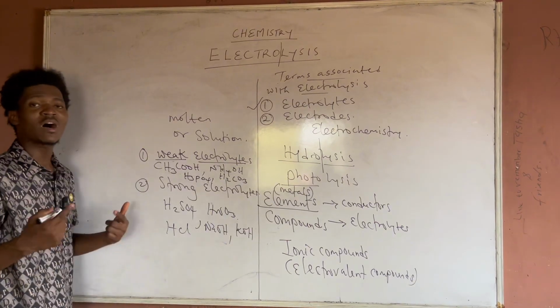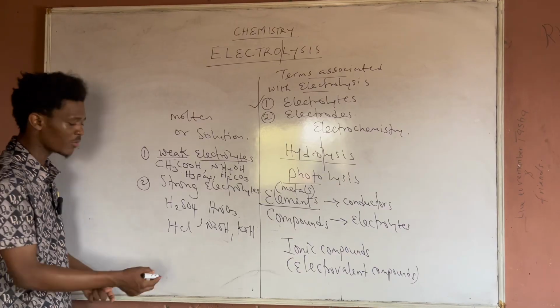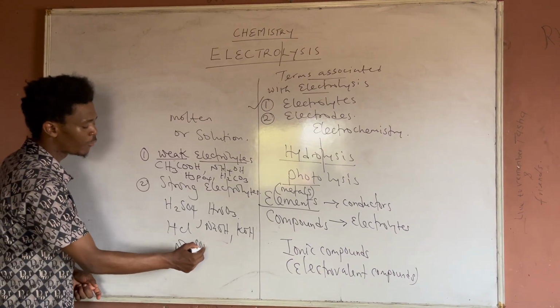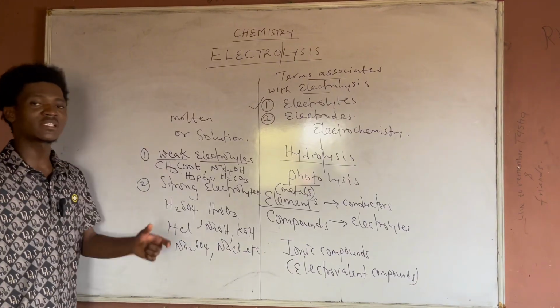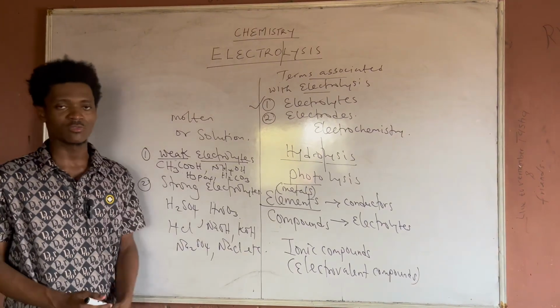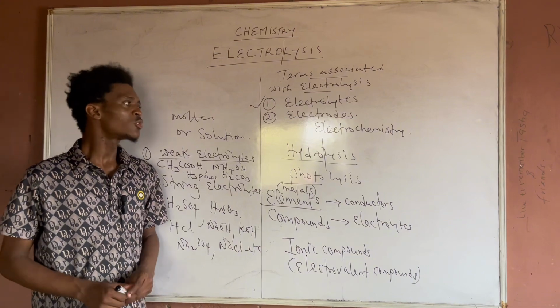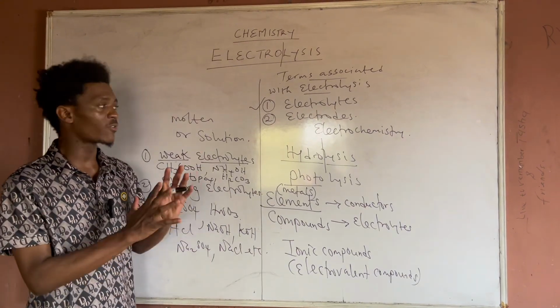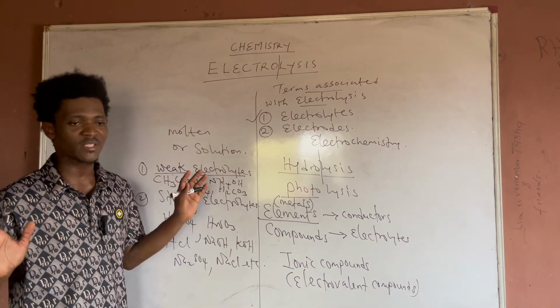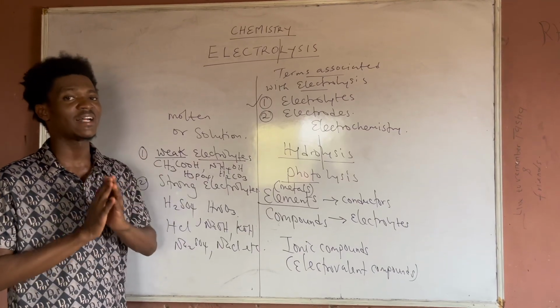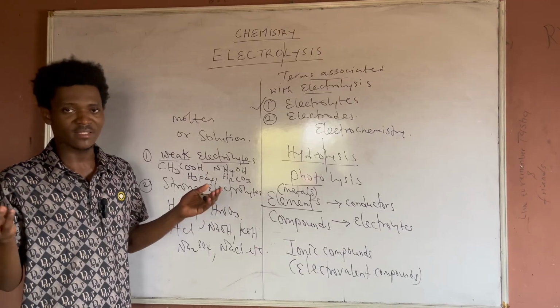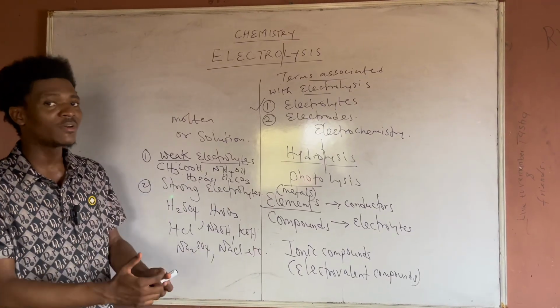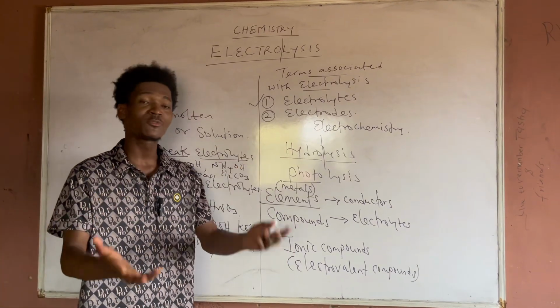And then we also have normal salt compounds, like Na2SO4, NaCl, and the rest of them. So these are called strong electrolytes. Okay, so that's just the background of electrolytes. They are compounds that conduct electricity and they are needed for electrolysis. They are simply compounds that are able to allow the passage of current through them.